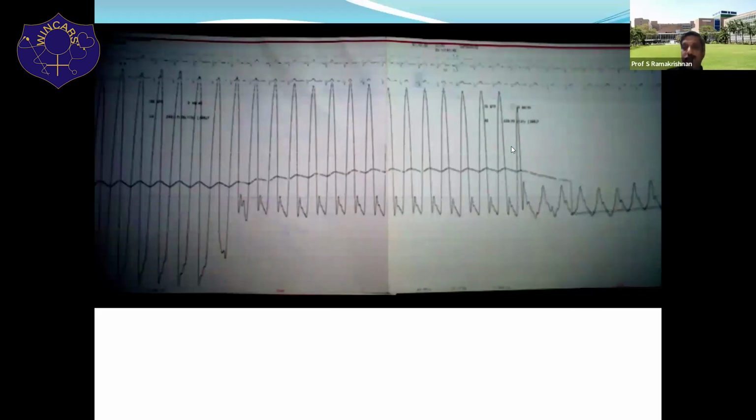Many of you would have seen this trace and many of you are writing supravalvular AS. It is right.